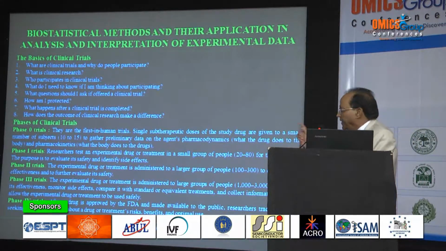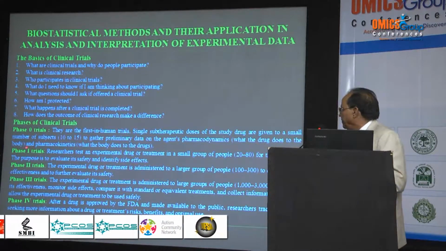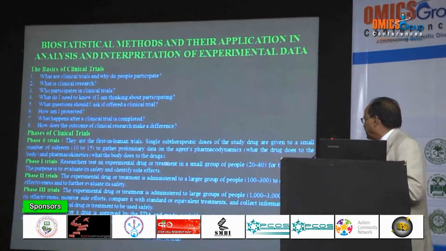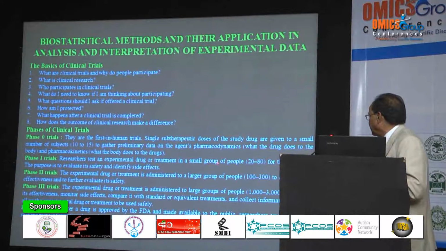Now, you see the phases of clinical trials. The zero phase, my friends, is not usually taken into consideration, but that is also a phase where we can take 10 to 15 subjects. The first trial is where we have to find out the experimental drug or treatment in a small group of people, 20 to 80.